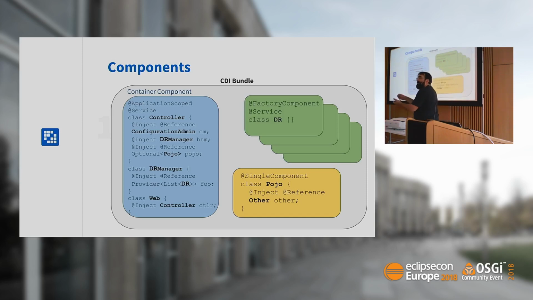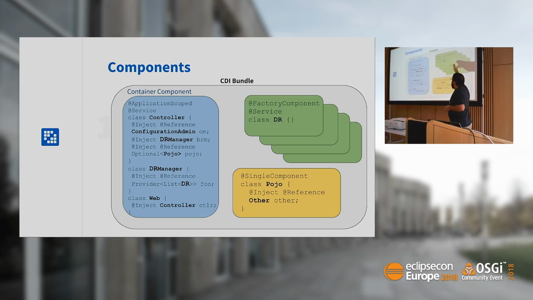But what CDI does allow is custom scopes, which have a defined life cycle completely up to whatever the implementer decides, which was a good in for us to build on the DS type dynamic component model. We could create our own scope that lives on top but has a separate life cycle from the main container component.